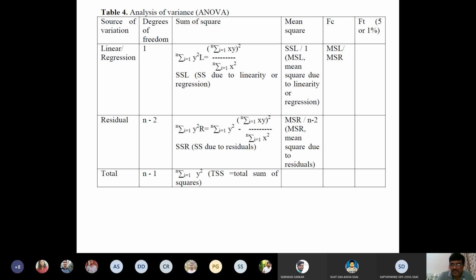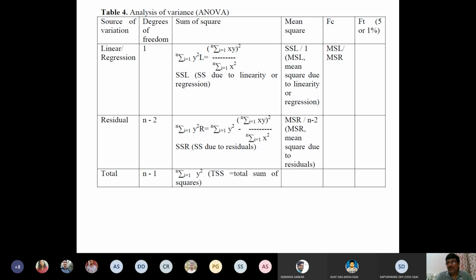That will be your total sum of square. The residual sum of square or error sum of square you can work out by the difference: the total sum of square minus the sum of square due to regression. You get the residual sum of square.